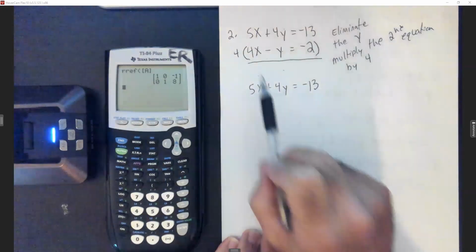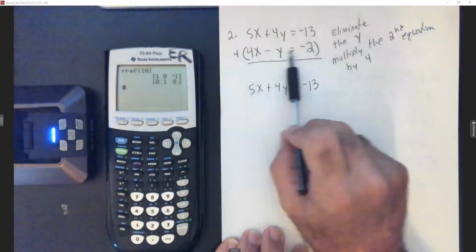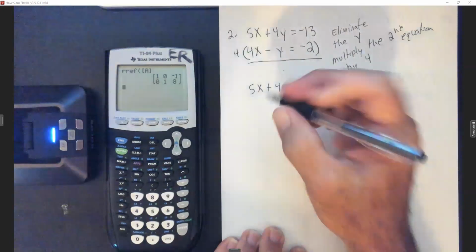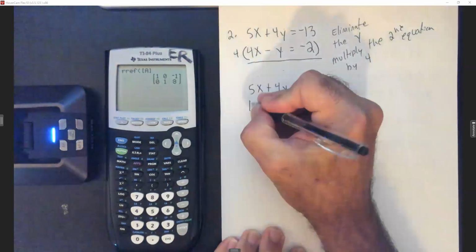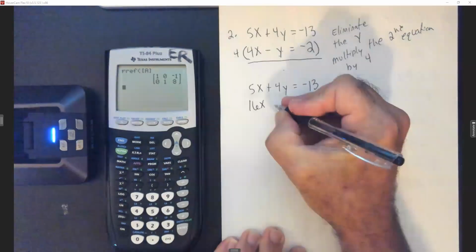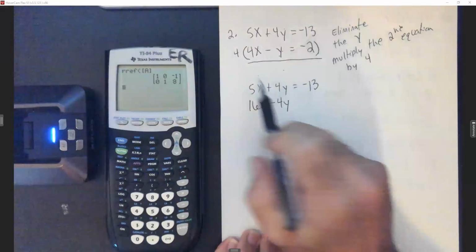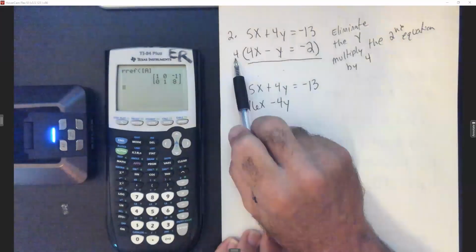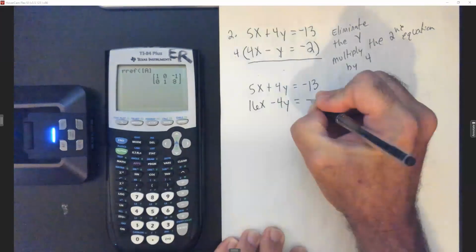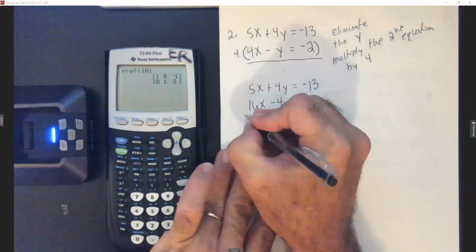Now when we multiply by the 4, everybody's going to multiply by that 4. So 4 times 4 gave you 16x. 4 times a negative y makes that a negative 4y. And then 4 times negative 2 made that a negative 8.